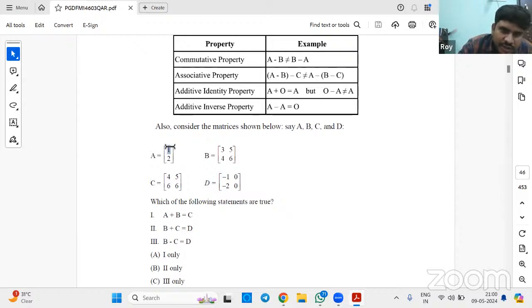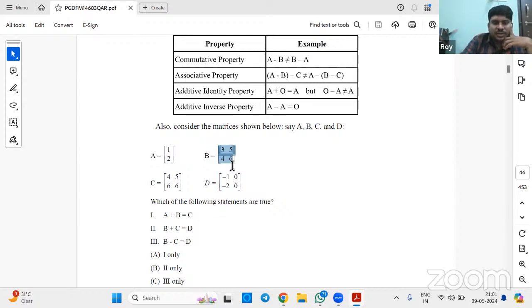How many rows are there here? Two rows. How many columns are there in matrix A? One column. Can I add A and B here? No, one column plus two columns, I cannot add. Right? A plus B is equal to C. Is it correct or false? False.